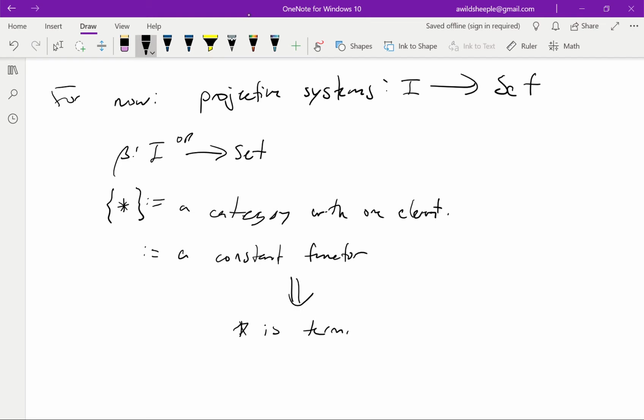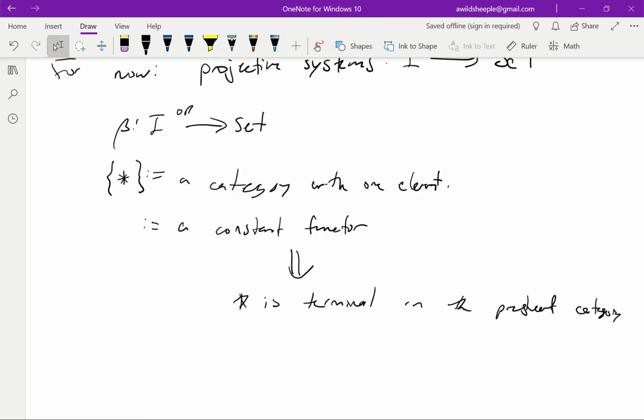That's a really cruddy star, but star is terminal in the pre-sheaf category for this reason. Just like star in sets is terminal among sets, star is terminal in the functor category.